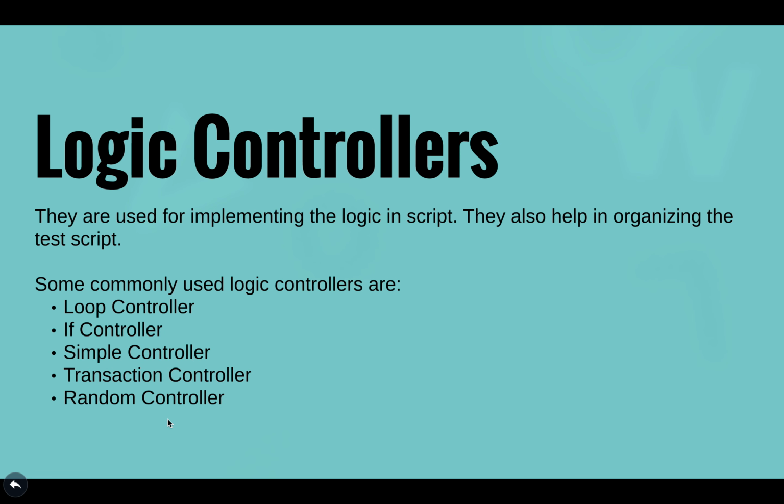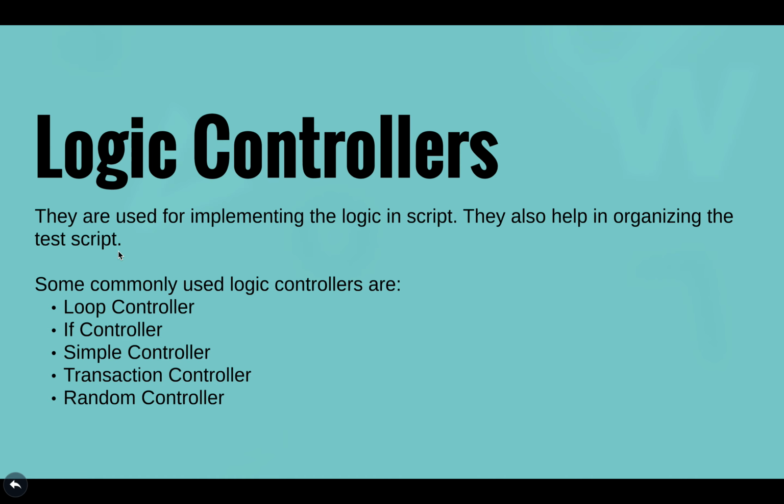And then we'll have the logic controllers. They are used for implementing any logic in your script, and they also help in organizing the test script. Let's say you want to execute some of the requests multiple times. This is a sort of logic that you want to implement in your JMeter scripts. To do that, you'll have to make use of the logic controllers.